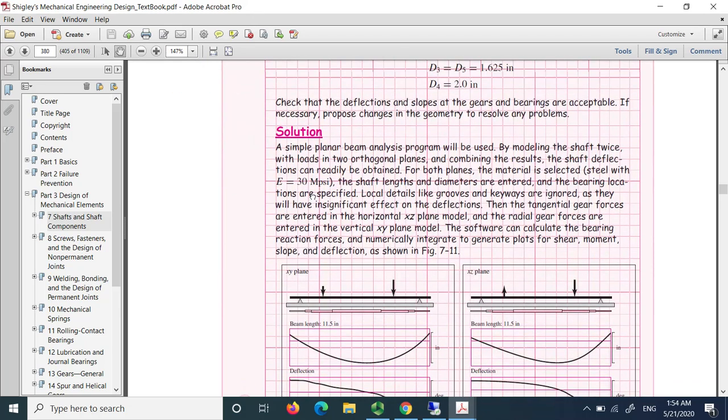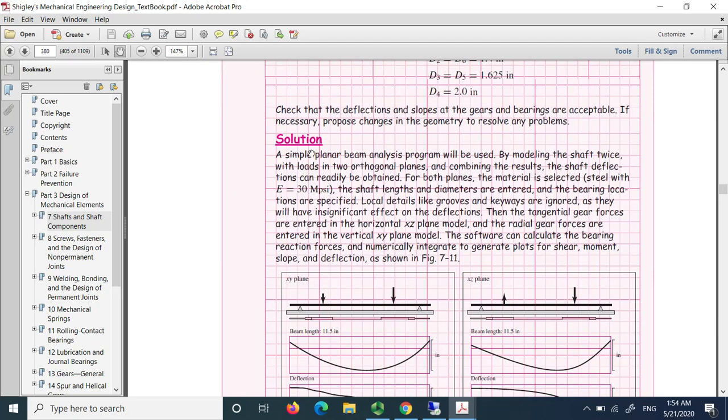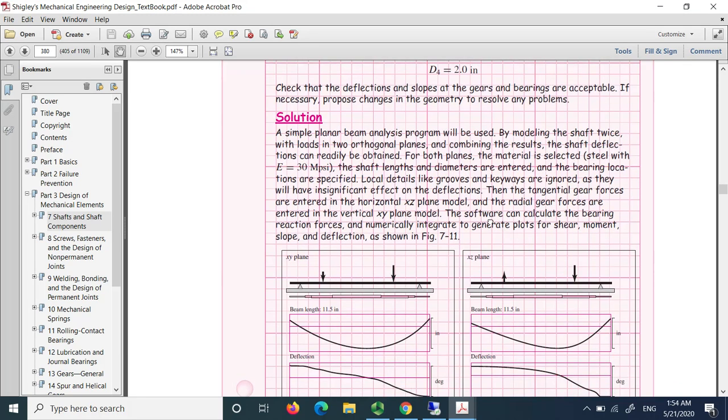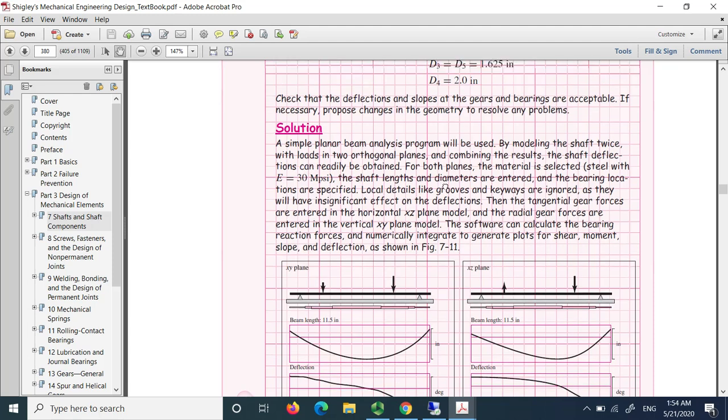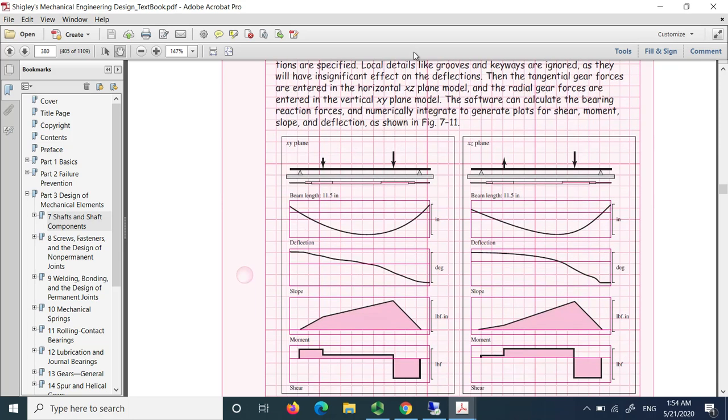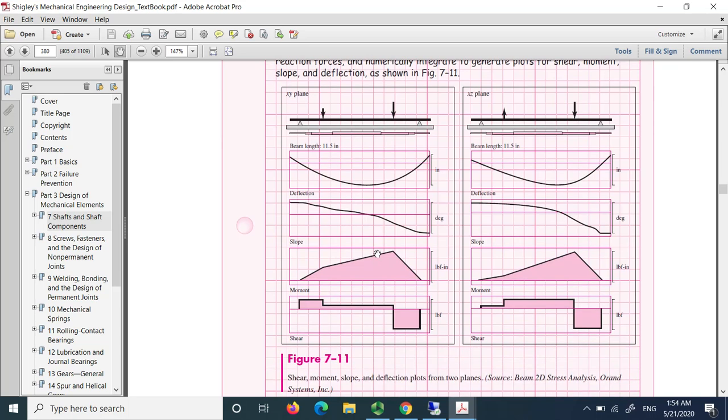He says that he used a simple planar beam analysis program to find these, and you can actually do this manually by hand. You learned in 309 how to find deflections and slope when the bending moment diagram is given.